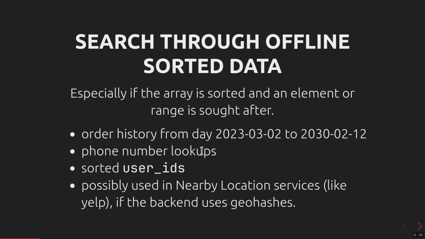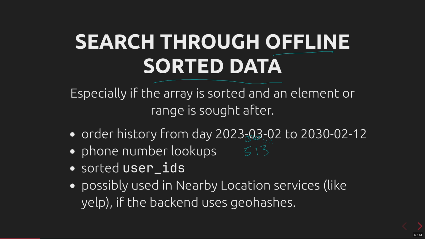Phone numbers that start with 510 can be clustered together, and you're going to find all the numbers within 510 before you find all the numbers that start with 513, for example. So this is offline sorted data.